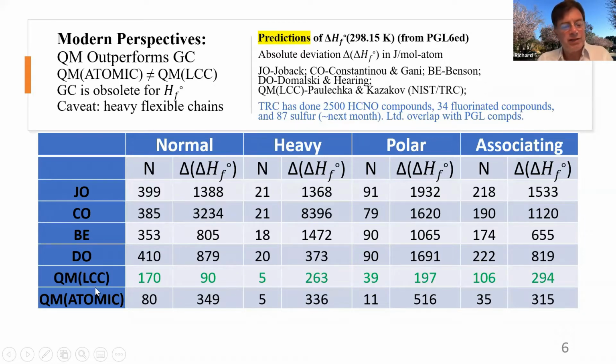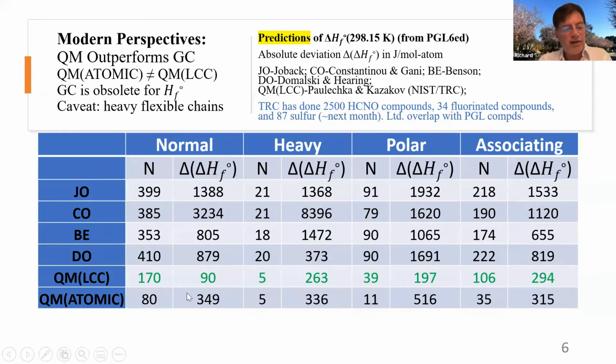And so you can see that this LCC method is significantly better than another method that's also based on a local coupled cluster, but it's got a higher basis set. So even though it's got a higher basis set and it's much slower, they haven't optimized their trade-offs in the best possible way, because the LCC method of the TRC is demonstrably better in all but one class of molecules, and in that case, it's just about the same. Okay.